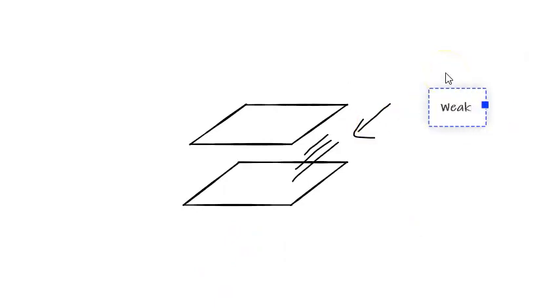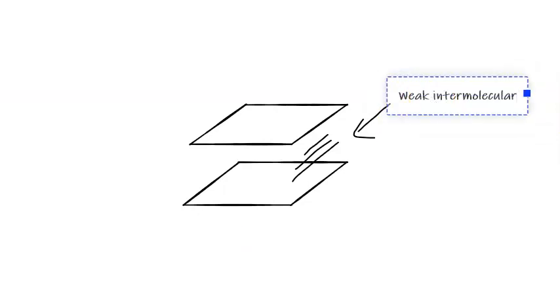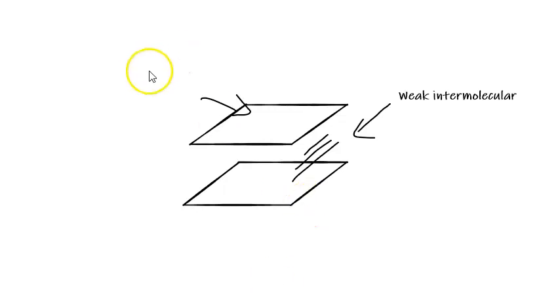So weak intermolecular forces hold the different sheets together, and within the sheet itself, the sheet is held together by strong covalent bonds. So covalent bonds are really strong, intermolecular forces are very weak. So we'll show how this relates to boiling point and the hardness of the covalent network in a second.